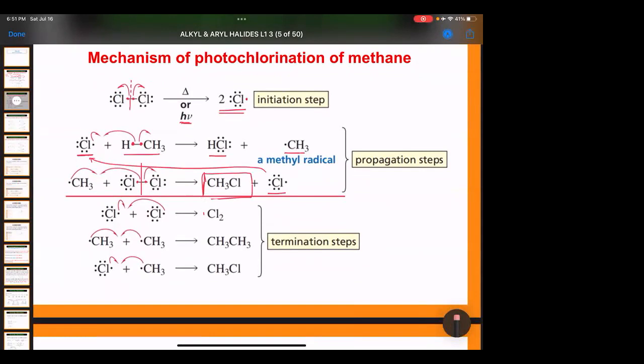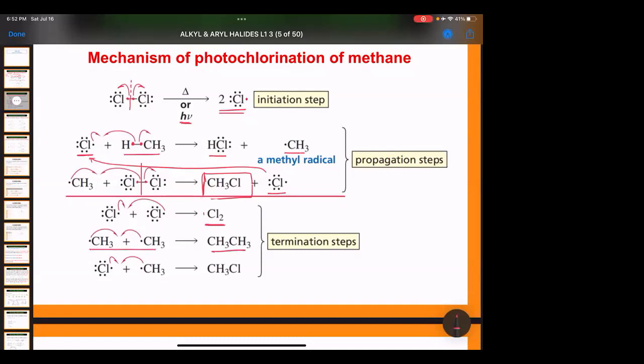Yes, sir. Any doubt in this? No, sir. Okay. But this doesn't mean that it can keep on continuing on its own for a long time, because it may happen that two unstable radicals come and join one another. Cl2 will form, as you can see, or two methyl radicals can combine with one another.